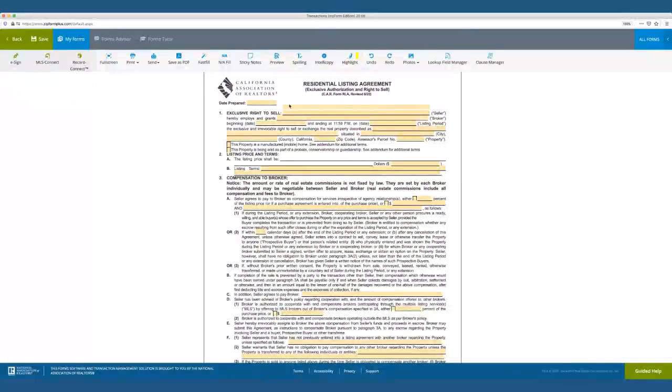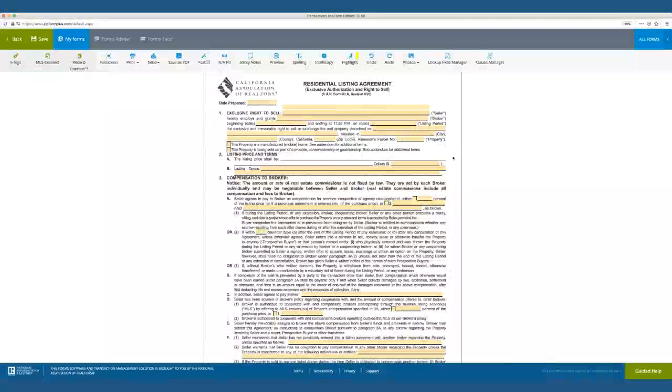That's that we are the only people who have the right to sell this property. We're exclusive. So the exclusive right to sell, the seller hereby grants the brokerage. The listing belongs to the brokerage, not to the agent specifically. It belongs to the brokerage, and there's a beginning date and an end date.